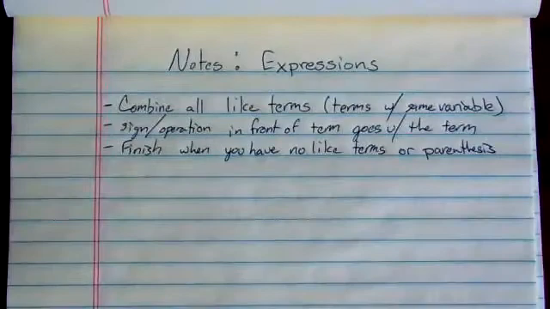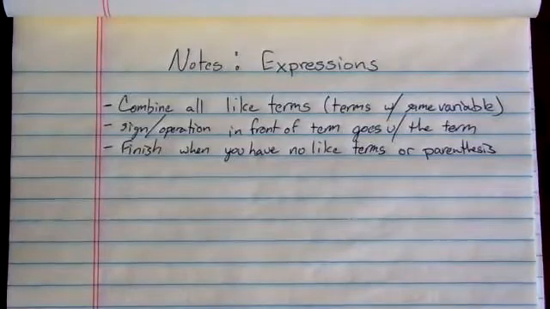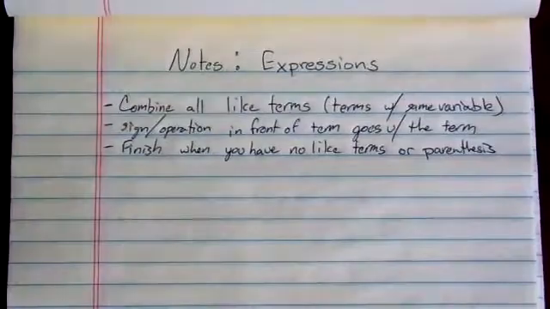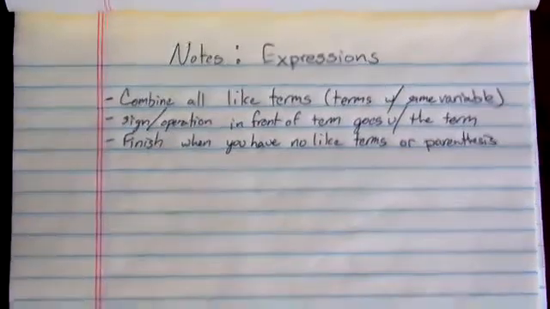And you'll see that in our next video, which will be dealing with the parentheses part of it. So this is all we need to do: combine like terms. The sign or operation in front goes with them, and you know you're done when you have no more like terms or parentheses.